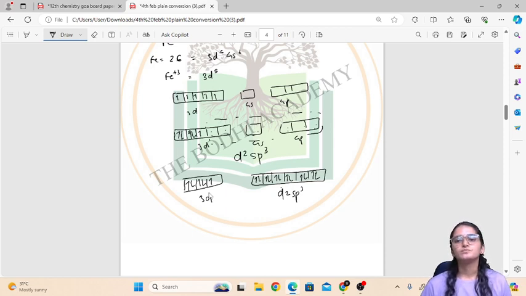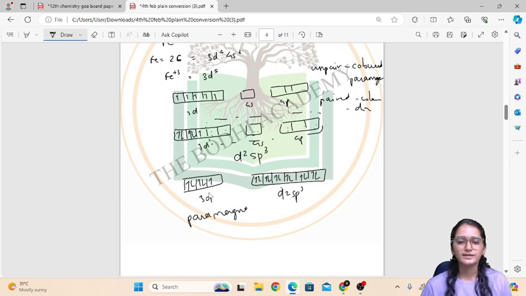Whenever there is an unpaired electron, the compound is colored and paramagnetic in terms of magnetic character. But whenever it is paired, then it is colorless and diamagnetic. So here there is one unpaired electron, so the magnetic character is paramagnetic.